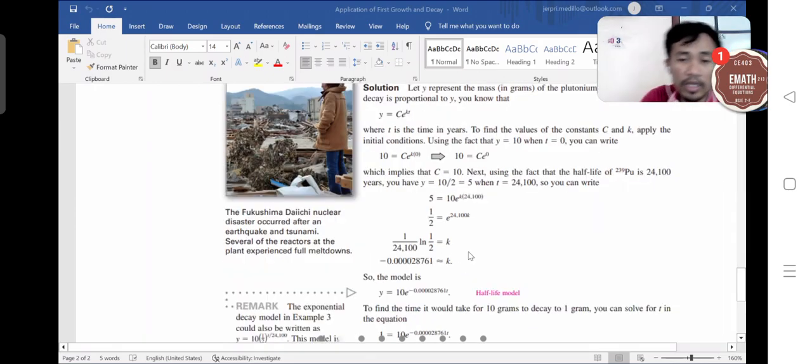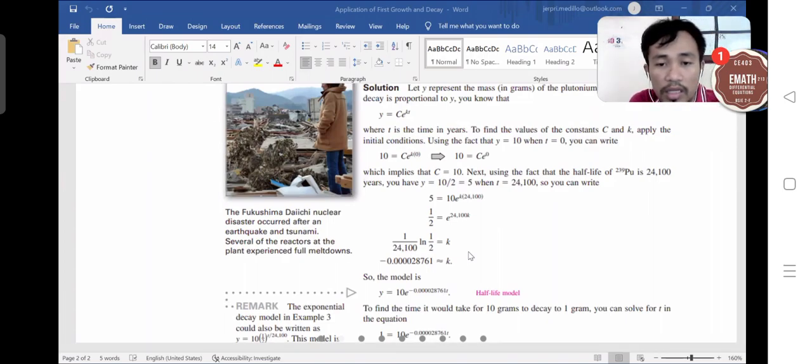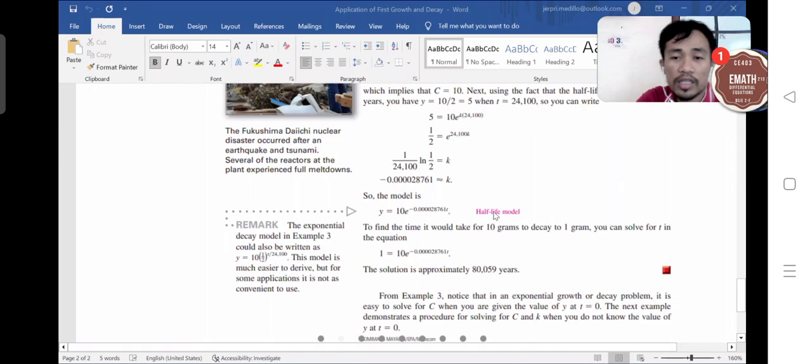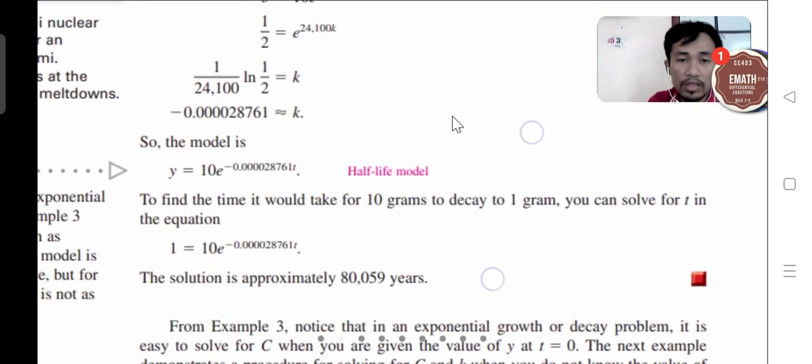The result is that k is negative 0.00002876. So the model is y equal to 10 e to the exponent of negative 0.00002876t. This one is the base of our half-life model.